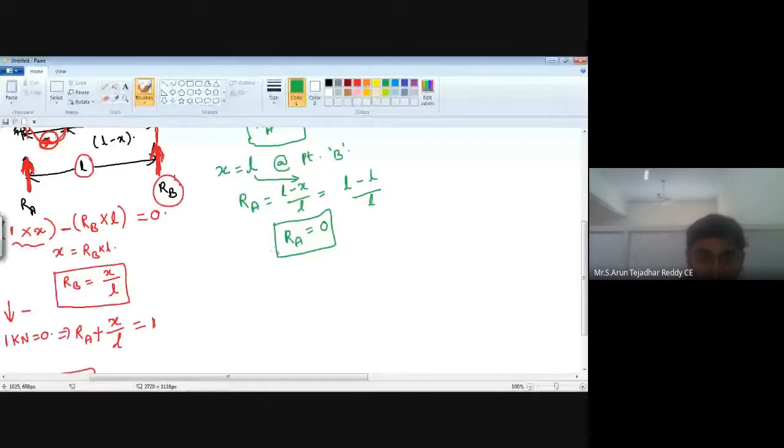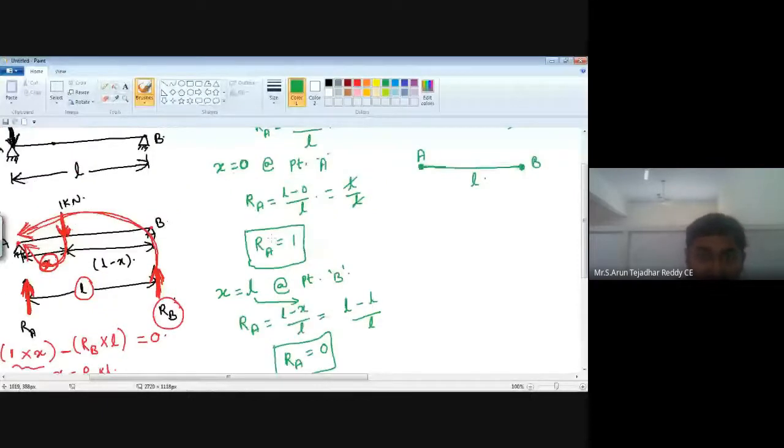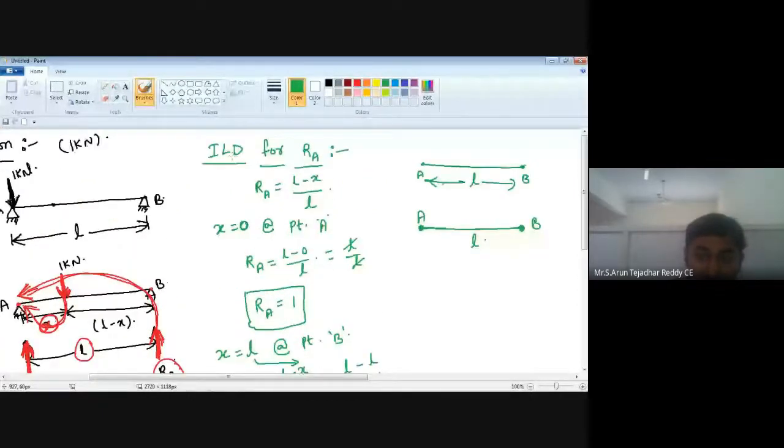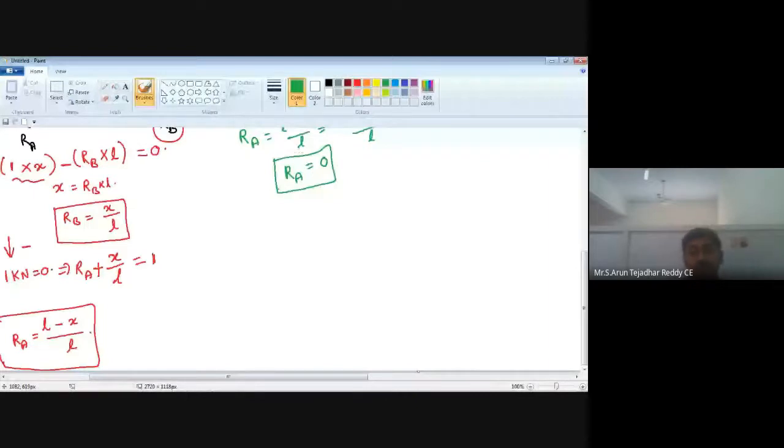What is our main heading? ILD for RA. It means influence line diagram for RA. See, this is your influence line diagram for RA.